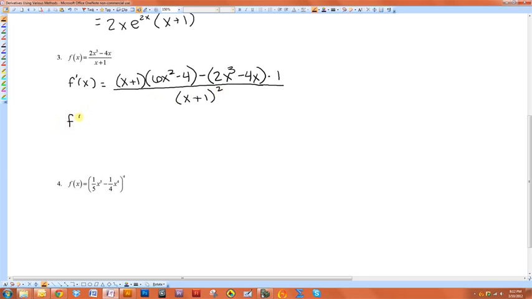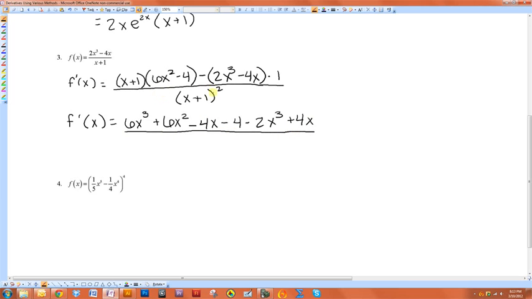Okay, let's simplify this by cleaning up the numerator at least. Okay, so if I FOIL out that first piece, that's going to be 6x cubed plus 6x squared minus 4x minus 4. Then I distribute my -1, so minus 2x cubed plus 4x. All over, let's go ahead and use the formula for a perfect square binomial, so it's going to be x squared plus 2x plus 1.